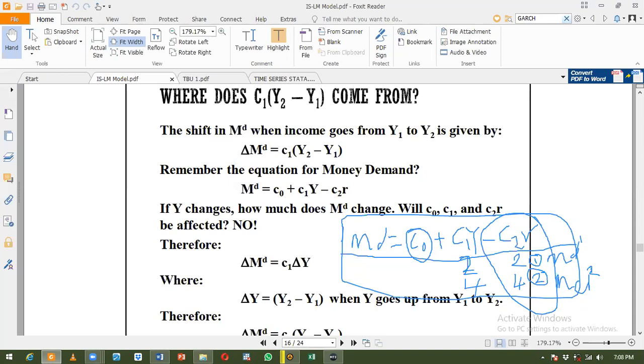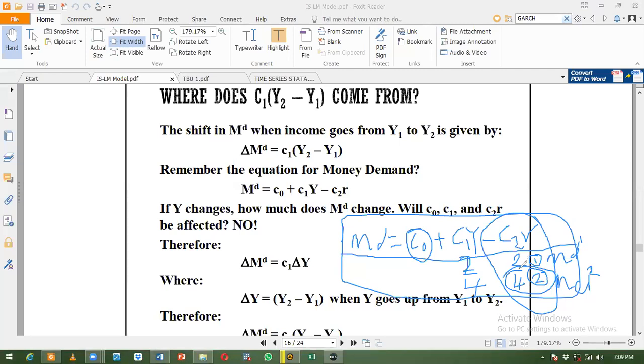So we can see from this one that the second one, the money demand is more interest elastic because it is very sensitive, and this one will be less. It will be more inelastic.